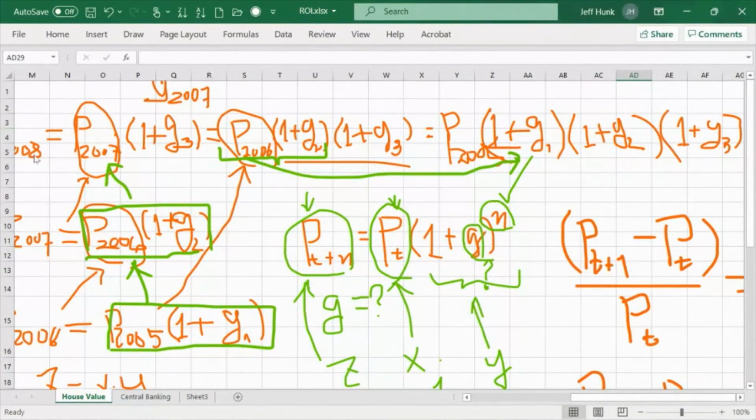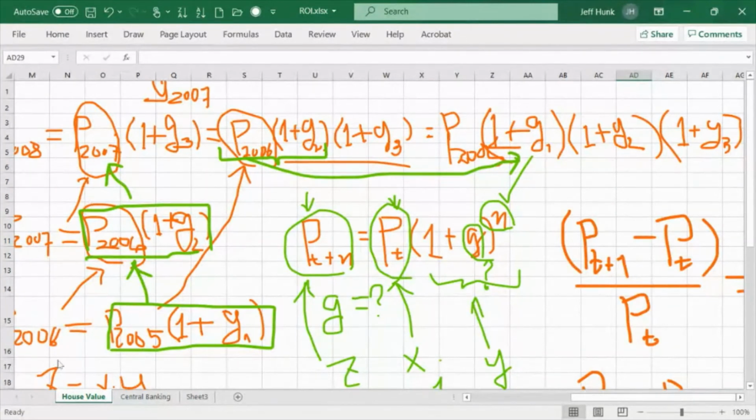So this 2008 price is fully translated as the 2005 price times 1 plus G1, which is the 2006 price, times 1 plus G2, which is the 2007 price, times 1 plus G3, which then is the 2008 price.